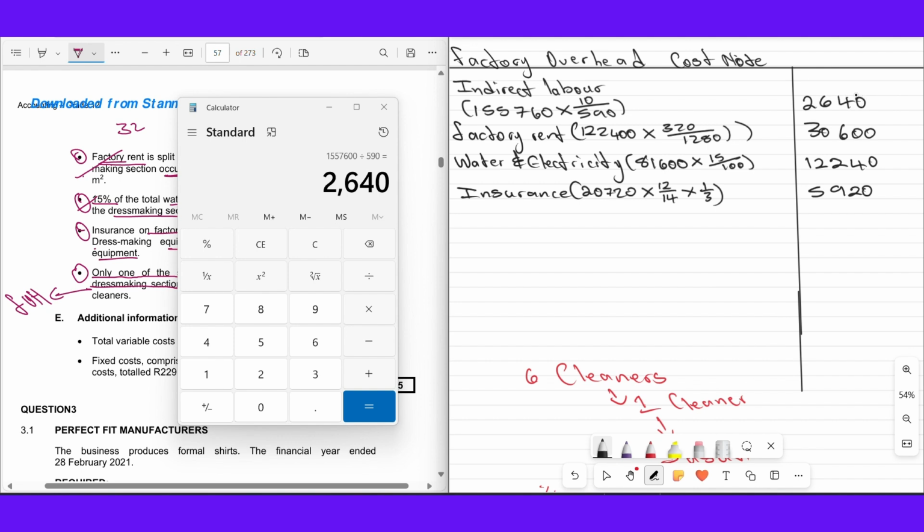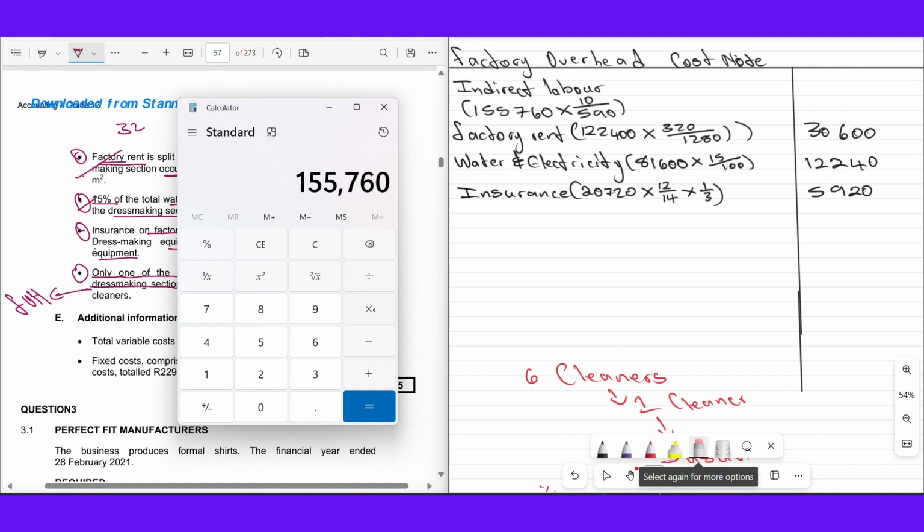Wait, we missed something there. Unfortunately, yes, we can still do this way. We can take it this way, but we are not going to record this amount here. Let me show you something.